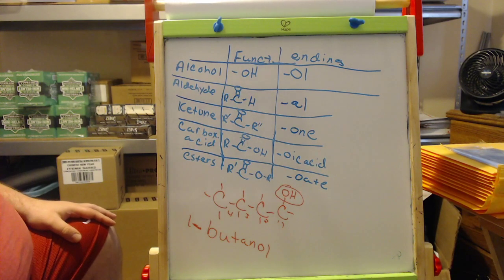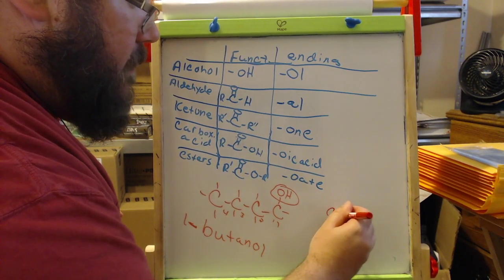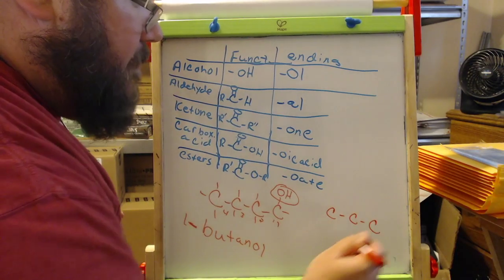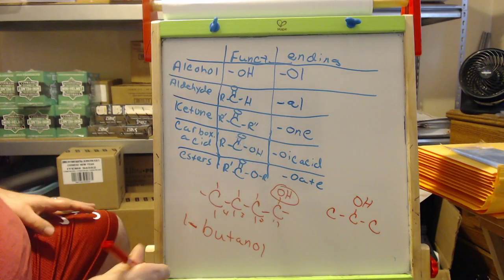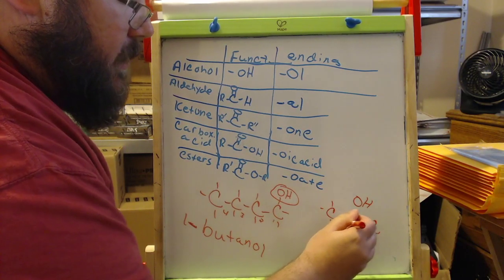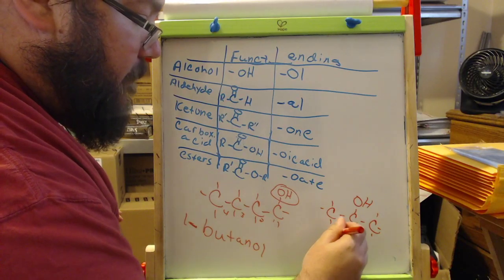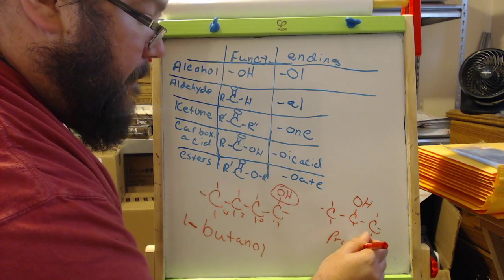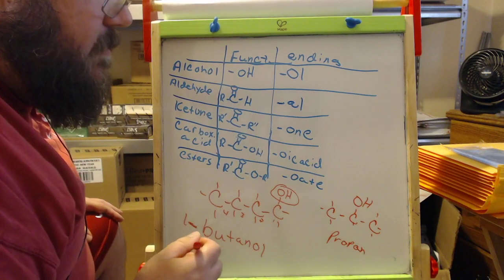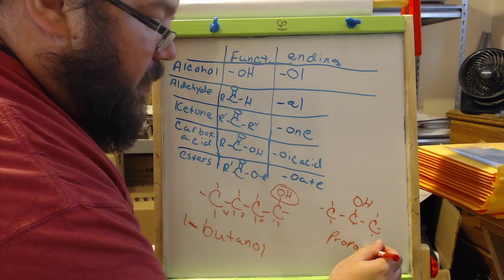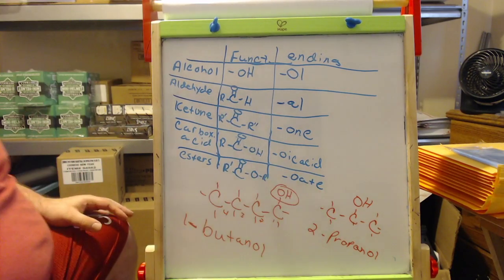Okay. So let's try another one. We'll go right here. Let's do a 3-carbon one. And we'll put the OH there. And again, we count our longest chain. 1, 2, 3, prop. All single bonded, AN. Propanol, OL, because of the hydroxide. Put a 2 there.